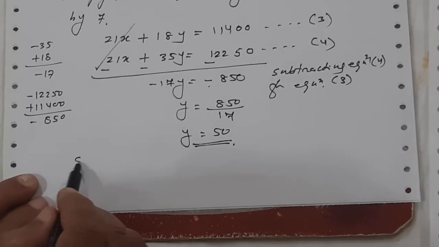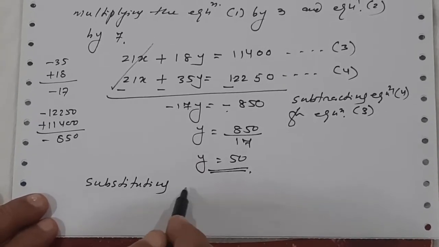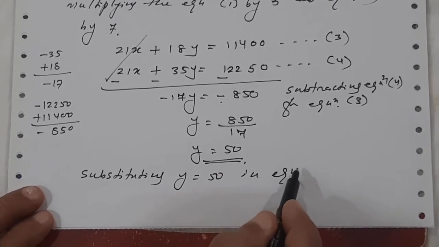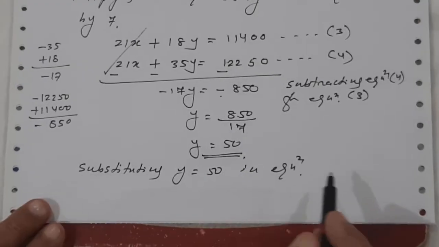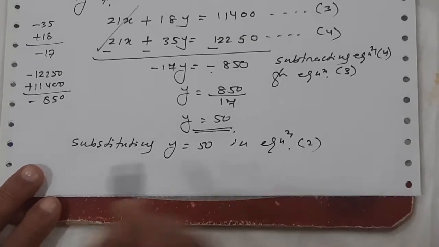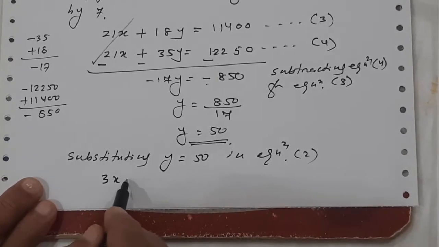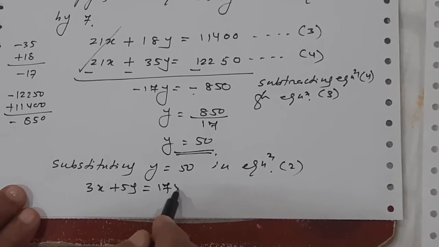Now substituting y is equal to 50 in any equation you can take. We'll take equation 2, that is the smaller one, smaller numbers are there. So 3x plus 5y is equal to 1750.